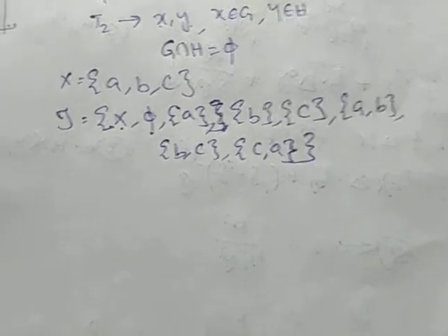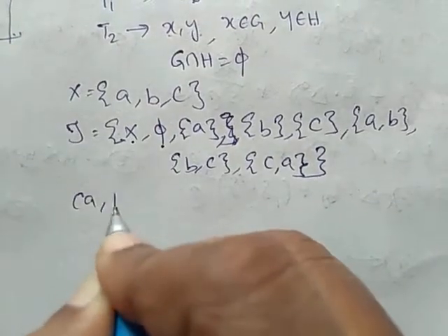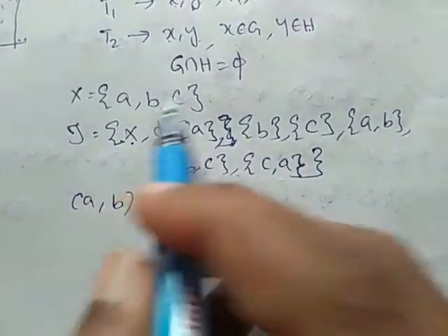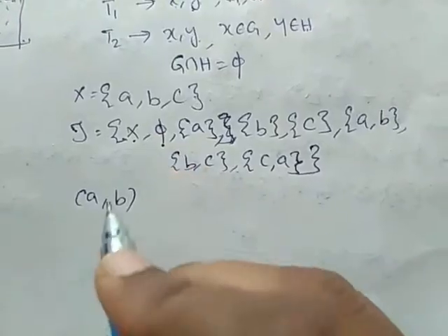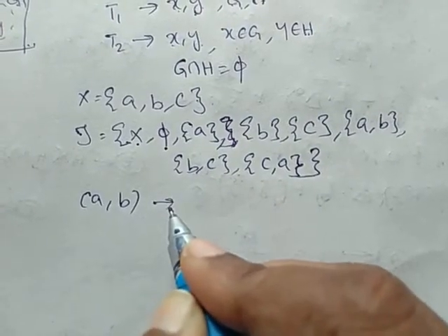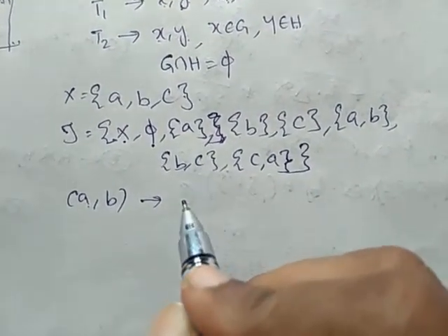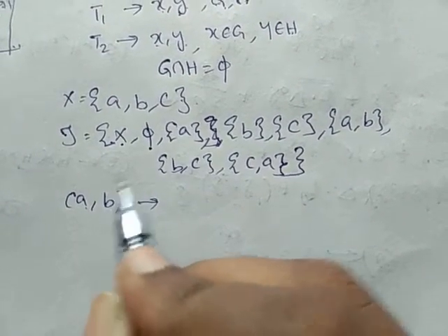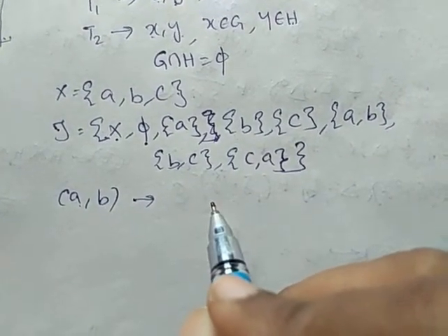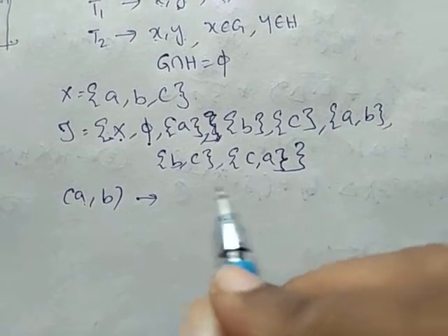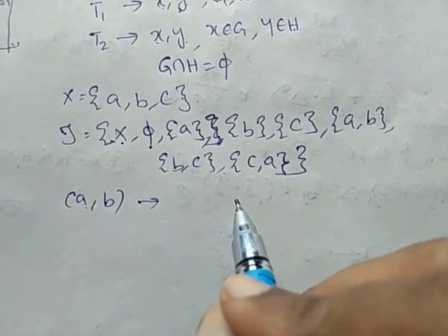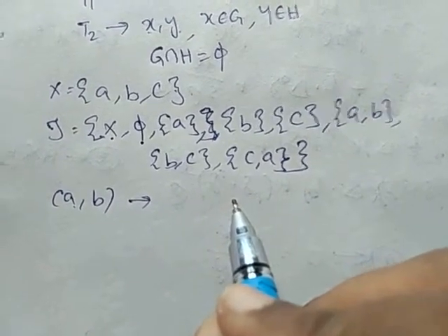If we consider any two points A, B, we can consider any 2 points. There should exist an open set G such that A belongs to G and B belongs to the open set H such that G intersection H is the null set.